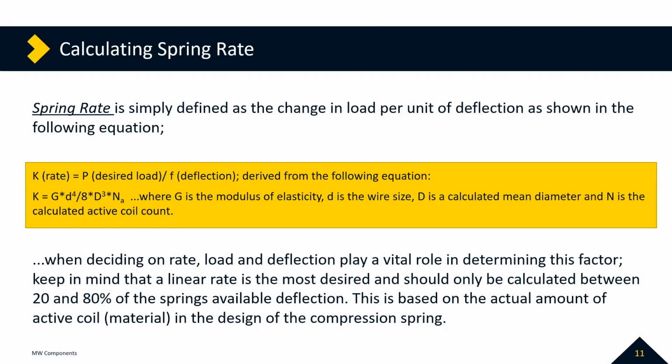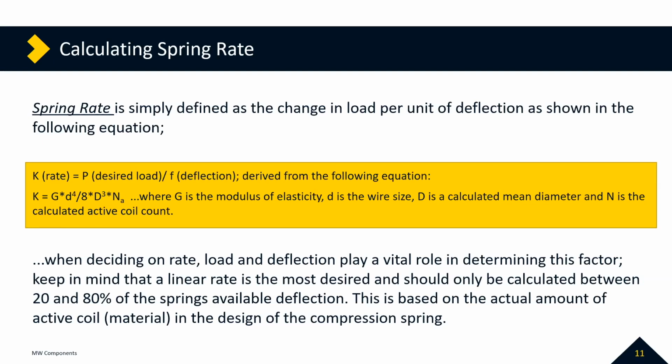You can see here the formula from which that is derived using the modulus of elasticity of the material, the wire size that you pick for your design, then divided by the mean diameter from your calculations and the active material.